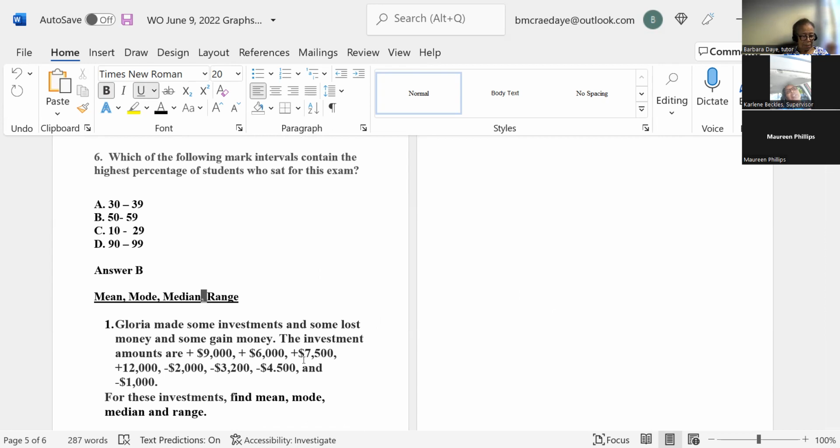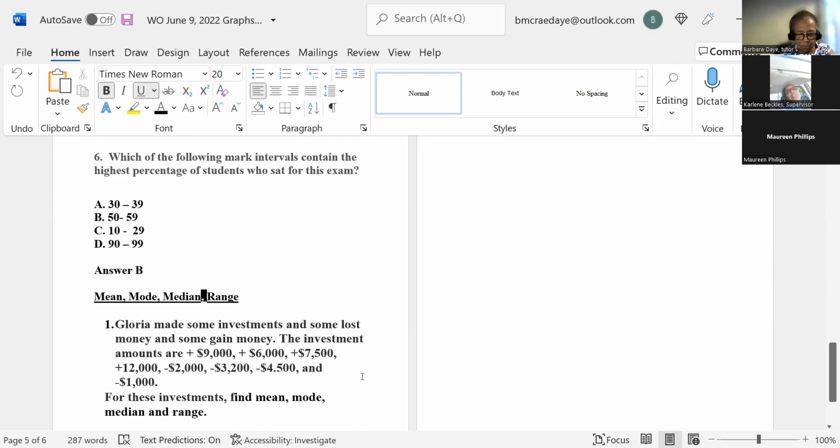The investment amounts are plus 9,000, plus 6,000, plus 7,500, plus 12,000, minus 2,000, minus 3,200, minus 4,500, and minus 1,000.